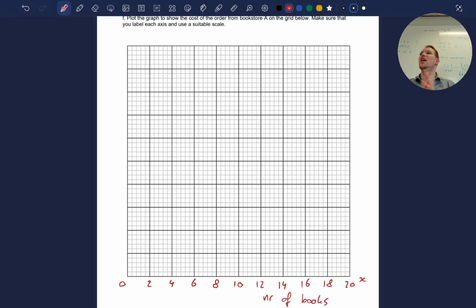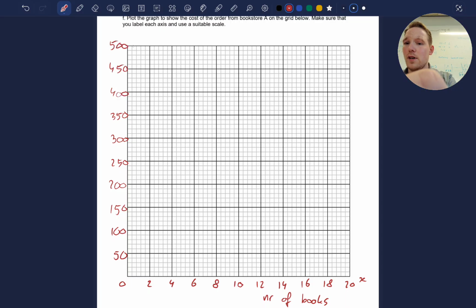Yeah, I also have 10 steps. Maybe I'm going up to 500, so 50 each. 50, 100, 150, 200, 250, 300, 350, 400, 450, and finally 500. And this is my y-axis, and y was the cost. Yes, it's the cost in dollars.